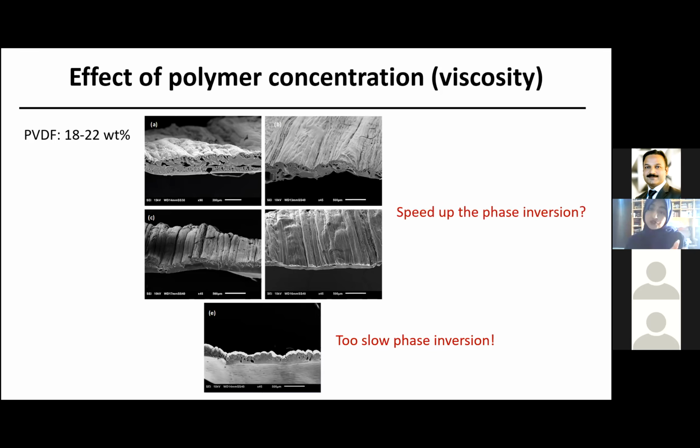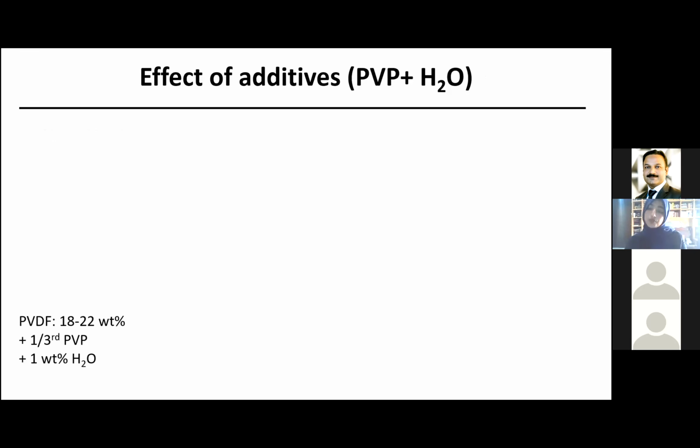For that purpose, adding hydrophilic additives, which can be PVP, to the casting solution can disturb the thermodynamic stability of the casting solvent and can accelerate the phase inversion. Similarly, water, which is a non-solvent, can do the same.